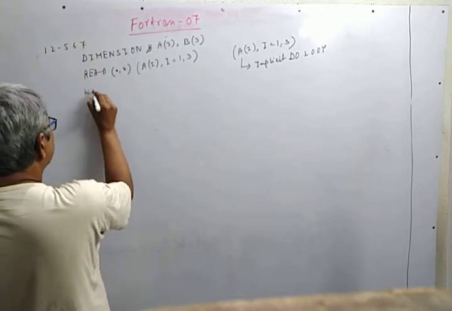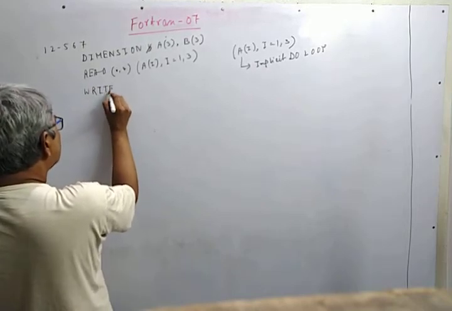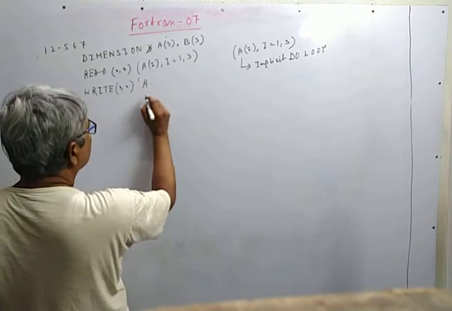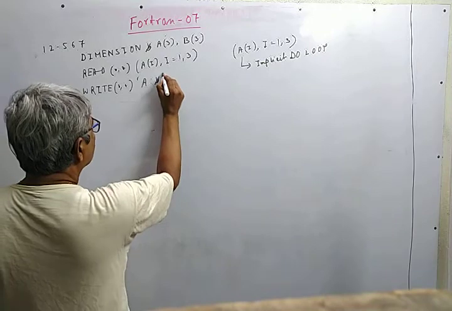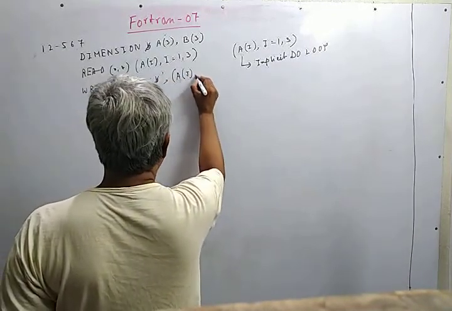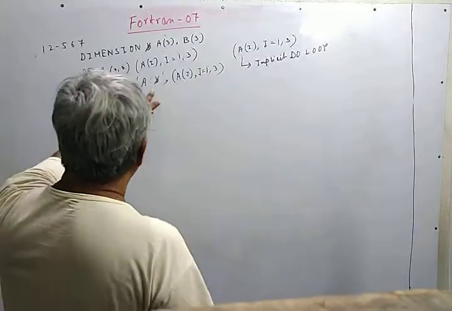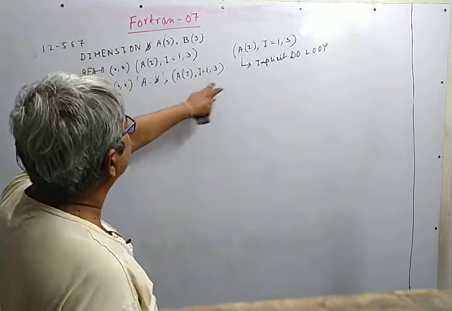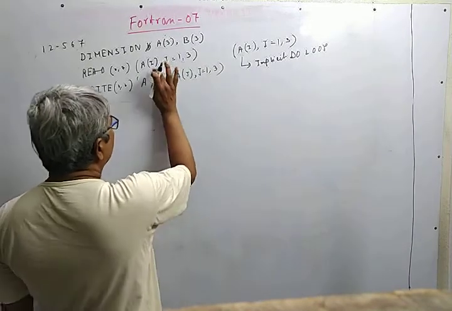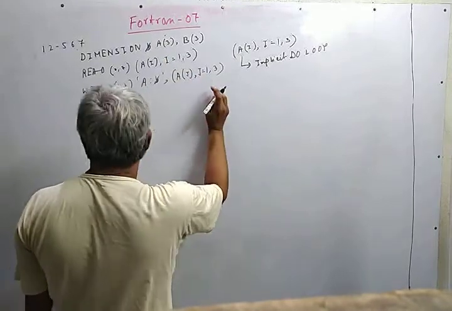And then we write, it writes first A colon, and then it will write the values of A1, then A2, A3. It's a dummy variable. So here we have used the dummy variable as I, here the dummy variable is J.